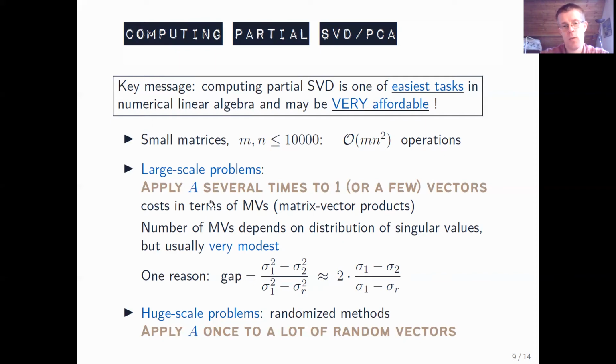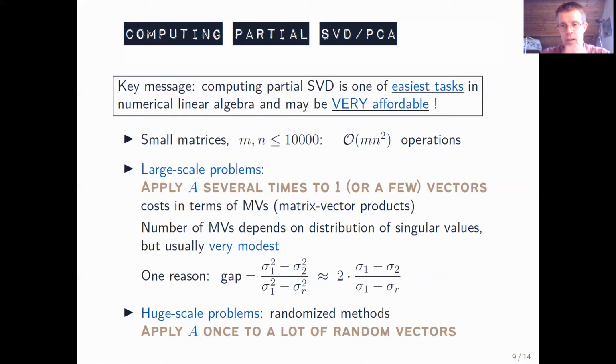And what is done is apply this A, this data matrix, and its transpose several times to one or a few vectors. So you usually start with a random initial guess, and then you do some iterations on that. You can do that on one initial guess or a few, and then it's typically called a block method, like a block of vectors.